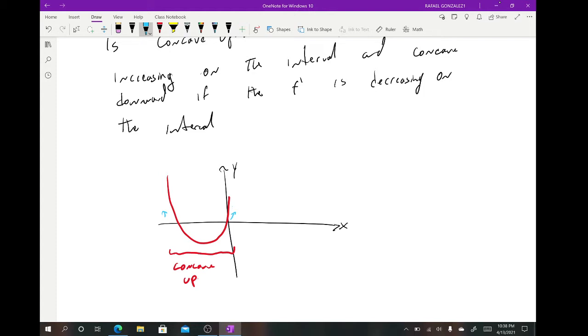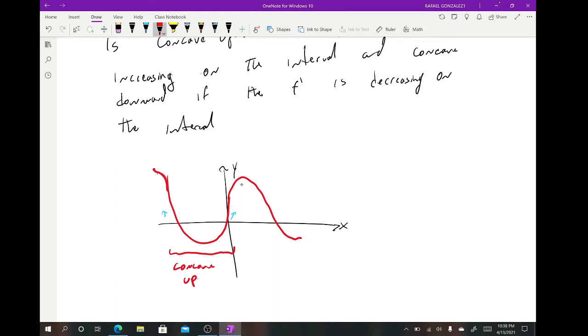Now, if you were to continue, let's say the function continues and it does something like this. Kind of wanted to go like this.